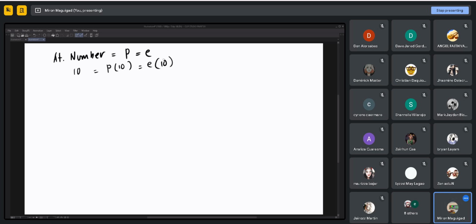Okay? Sabi, sa mass number naman kanina, sa taas ng element, this is the sum of protons and neutrons. Okay? Let's say 20 si mass number.